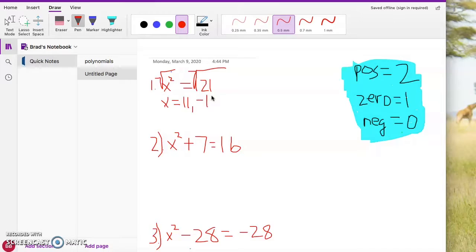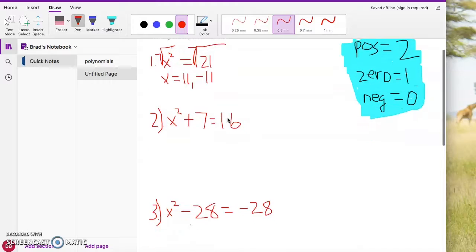Negative 11 times negative 11 equals positive 121, the same as 11 times 11. So our first answer is 11 and negative 11.